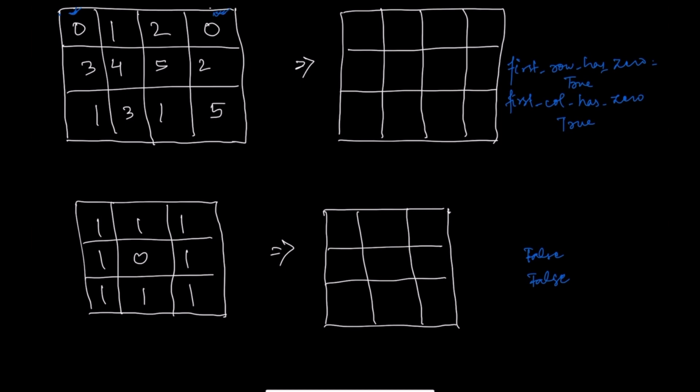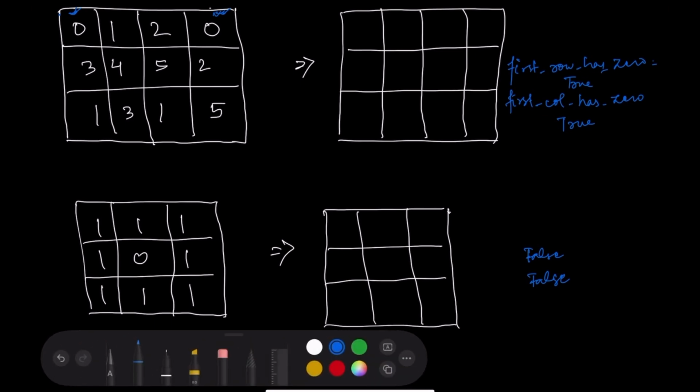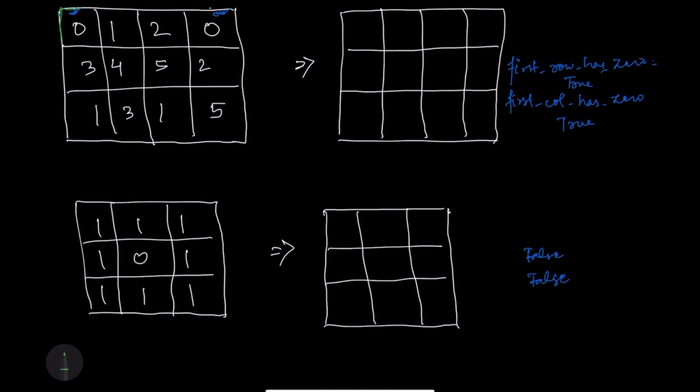And for the second 0 also, the first element of the row is already 0 and the first element of the column is also 0. Now in our second case, we will be updating the first element of our column and the first element of our row containing 0 to be 0. So this would be the second step.